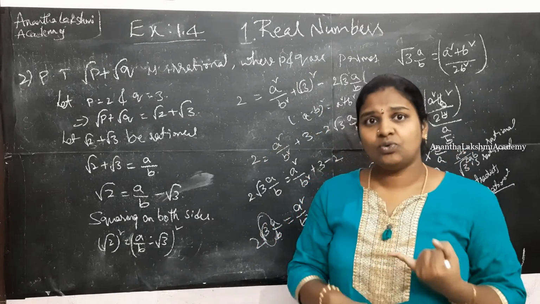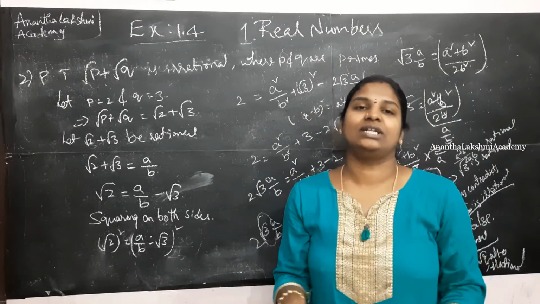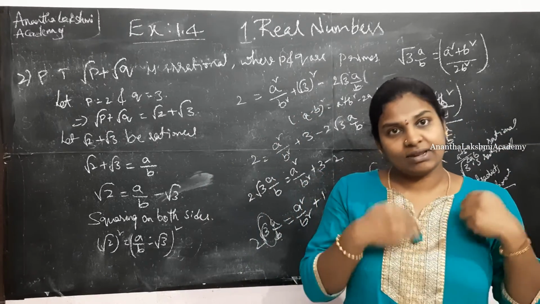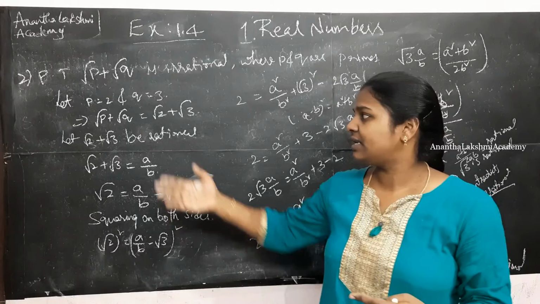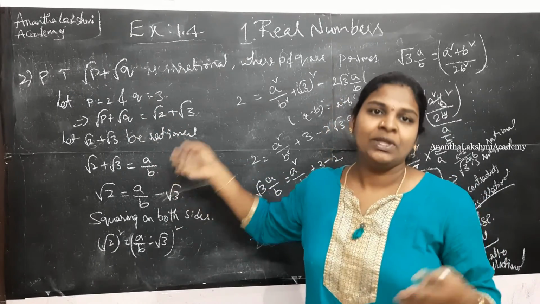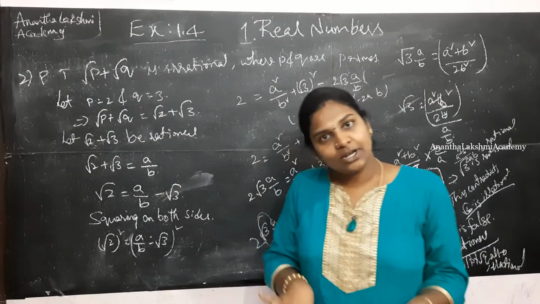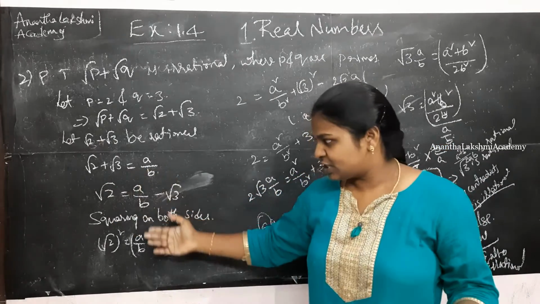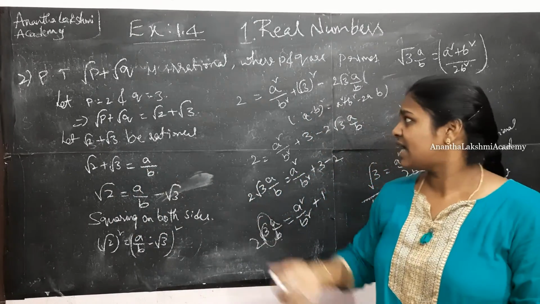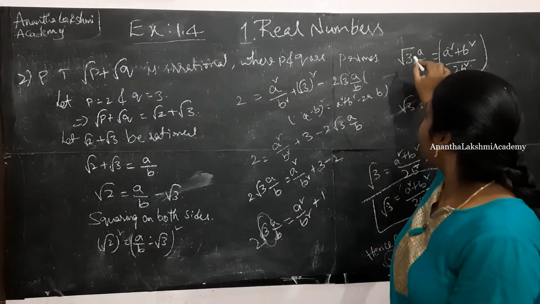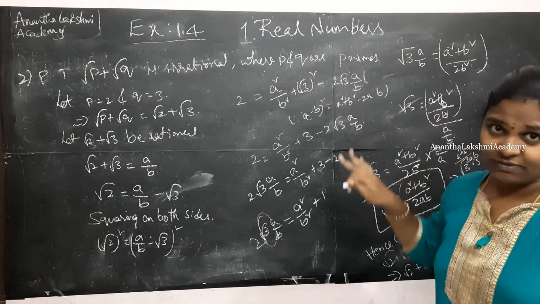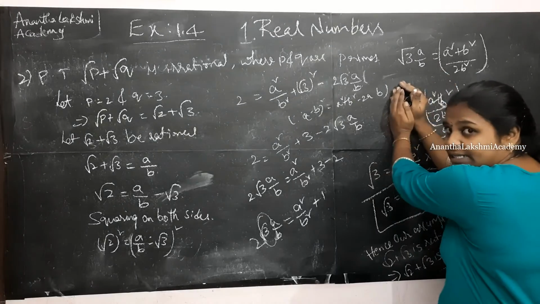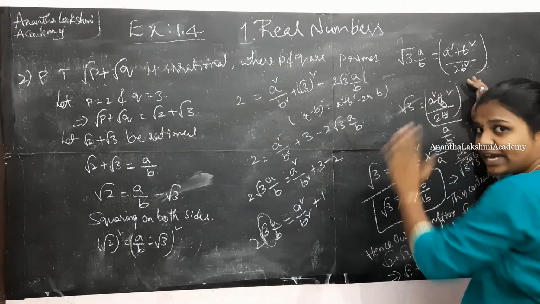First, we assume it to be rational. When we assume it to be rational, we equate that to a by b, where a and b are integers and co-primes. Then, depending upon the situation, we square on both sides and arrive at an equation where we have the root term on one side and the rest in the form of a's and b's.